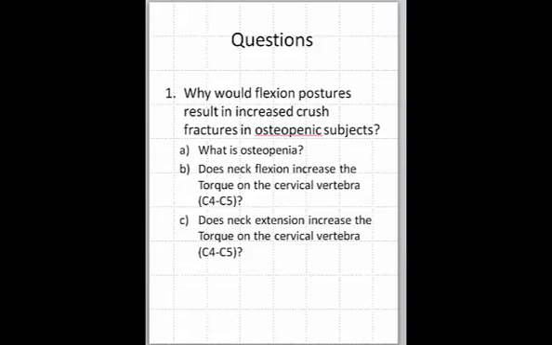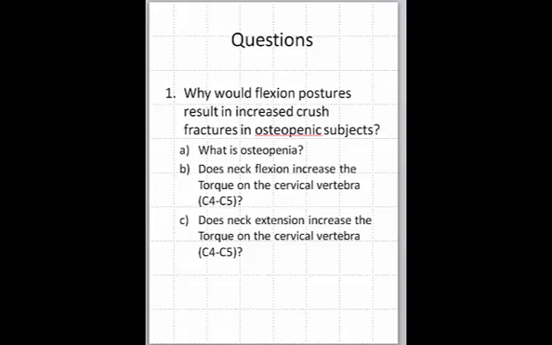Because what is osteopenia? Osteopenia, if you reviewed the bone, although I'm not sure it talked about it specifically, is considered low bone mass, not osteoporosis, but on its way to osteoporosis. So it has a lower bone mass, which suggests a lower tolerance, right?